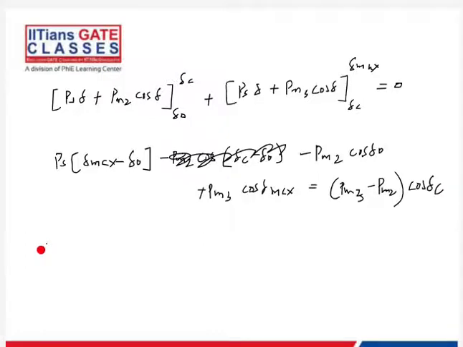So if you rearrange this, you will get the critical clearing angle as cos inverse.